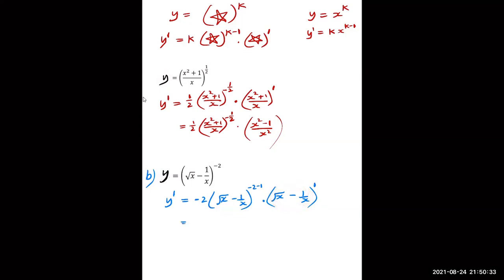To calculate the derivative here, notice that square root of x minus 1 over x means nothing but x to the power 1/2 minus x to the power minus 1, because the square root of x is x to the power 1/2 and 1 over x is x to the power minus 1.